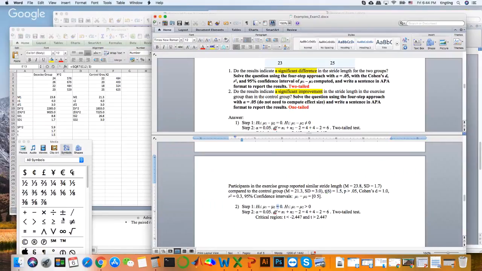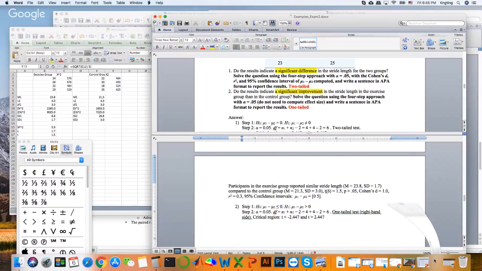So the null hypothesis is mu1 minus mu2 smaller than or equal to 0. Okay, so the critical region is a one-tailed test. Because we assume it's an improvement in the score, it's on the right hand side of the distribution.